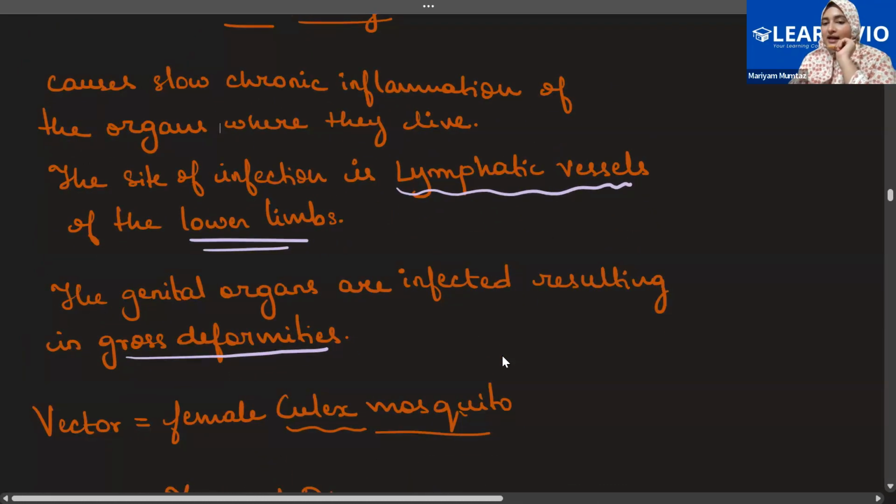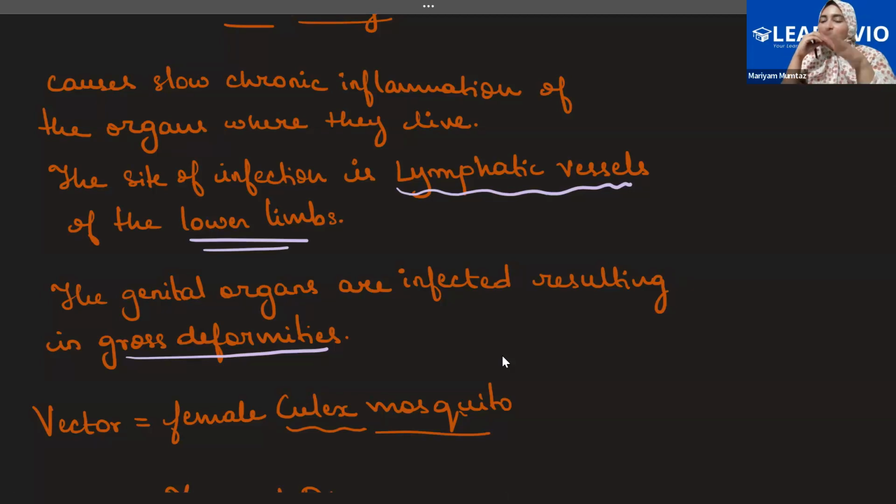Again, this happens by the bite of the female mosquito. Many times you might have noticed that there are some mosquitoes. Again, you people cannot notice because of the places that you live. But if you come here in India, just try to notice that there are some mosquitoes that only bite you on your legs. They will not come anywhere upside to bite you.